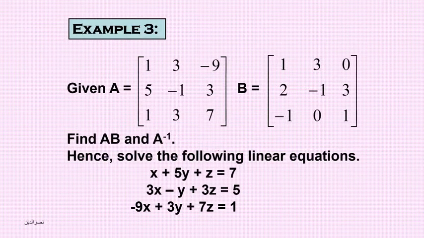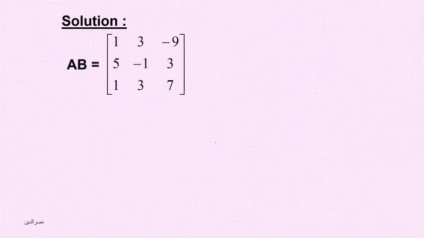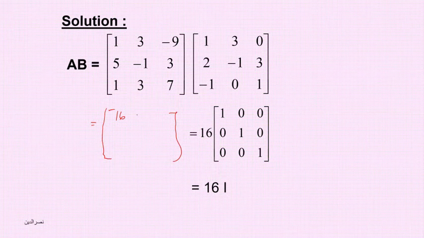Following this system, A times B. Multiplying these two, you get 16, 0, 0, 0, 16, 0, 0, 0, and 16. By factorizing 16, we have the identity matrix. Therefore AB equals 16I.